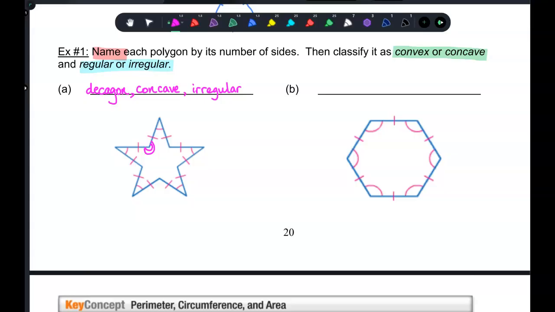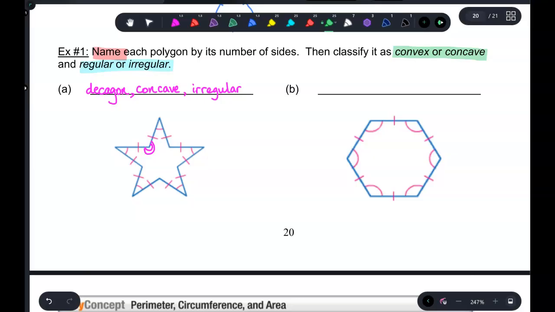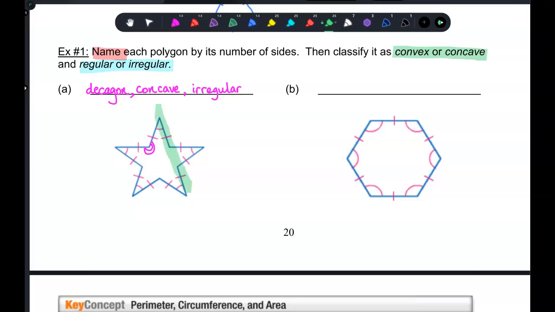No. So it's technically not regular for that reason as well. It's not equiangular. Remember how we talked about checking if it's concave? If I extend one of the sides, you see how it cuts through the shape? That's how I know for sure it's concave.